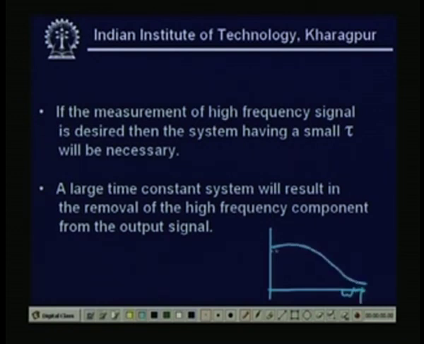Tau is constant, so what will happen is that the high frequency component of the output signal falls. If I want to take the reading here, my output attenuation will be quite large, so I won't get any output. That is why we say a large time constant system results in the removal of high frequency components from the output signal.